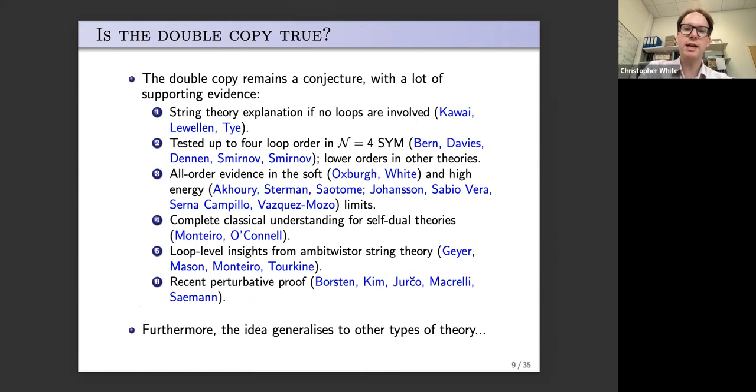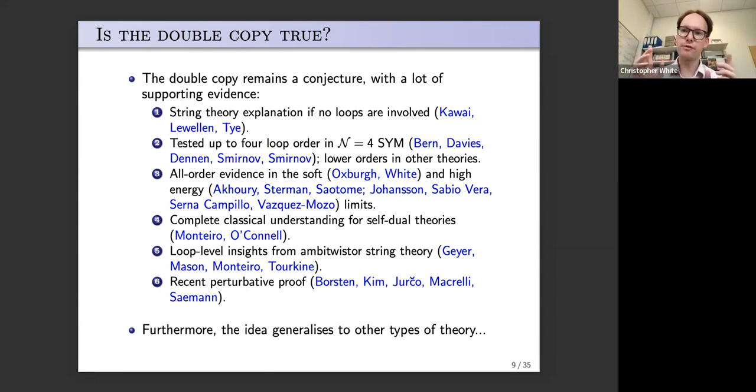There is a string theory explanation if no loops are involved. People may have heard of what are called the KLT relations in string theory, which were written down about 30 years ago. Those are relationships that tell us that closed string scattering amplitudes are related to products of open string scattering amplitudes. If you take the low energy limit of a string theory, open strings give you gluons, and closed strings give you gravitons or generalizations thereof.